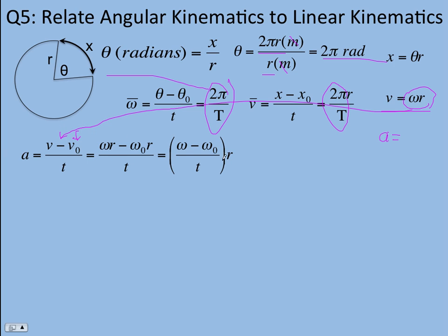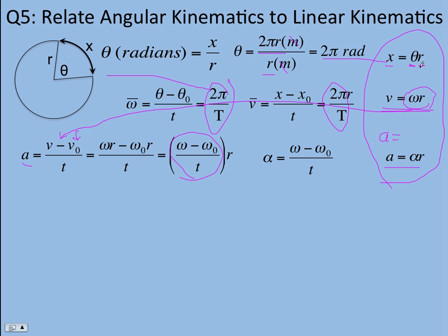I can factor out the r, and I get the linear acceleration is omega minus omega 0 over the time. Well, that is what alpha is. This is the angular velocity versus time equation solved for alpha. And so A is alpha r. But notice the pattern. If you have the angular quantity in radians, you multiply by the radius to get the linear quantity. And so that's true for all three. You need to know these in this unit.